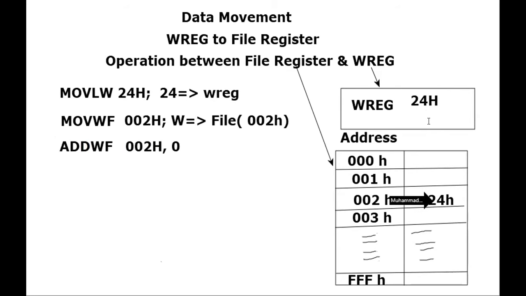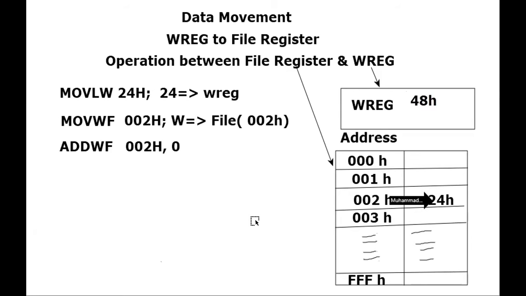Once you add them up, it will become equal to 48. So let's see what it will be. 48 hex, right? That is what is going to happen if we use this command.